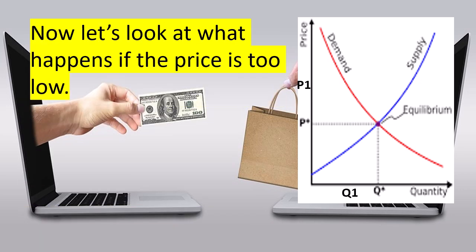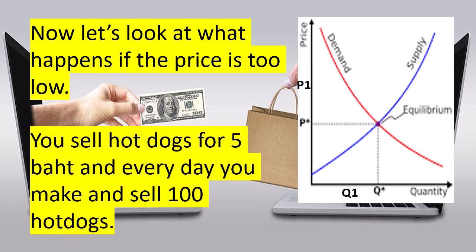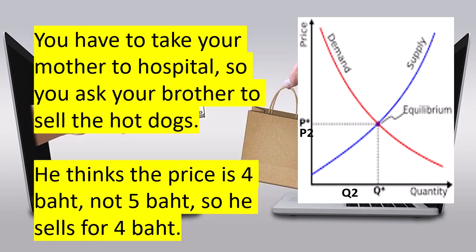Now let's look at what happens if the price is too low. You sell hot dogs for 5 baht, and every day you make and sell 100 hot dogs. You have to take your mother to hospital, so you ask your brother to sell the hot dogs. He thinks the price is 4 baht, not 5 baht, so he sells for 4 baht.